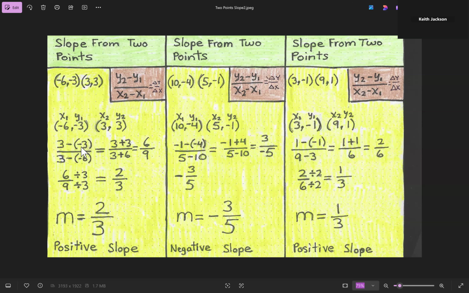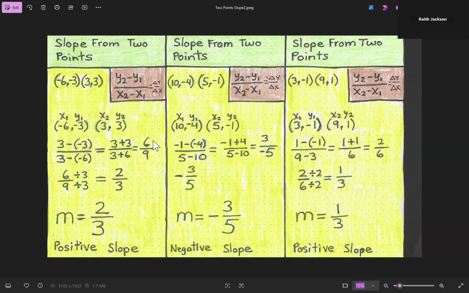And so in this case, I have a 3 minus a -3 right here over 3 minus a -6 right here. And so here's what's going to happen because we have this double minus right here. They actually form a plus sign that you see right here. And we see it here as well. So we have a 3 plus 3, and that would give us 6. And we have a 3 plus 6 right here, and that would give us 9.